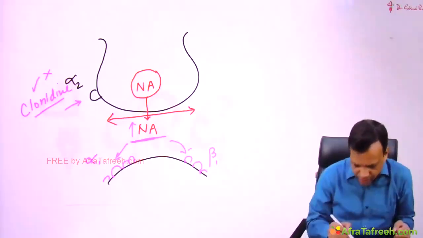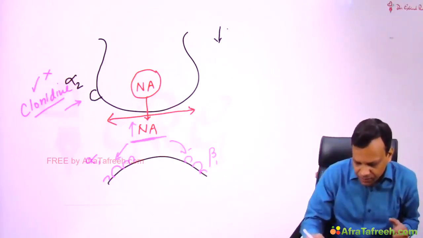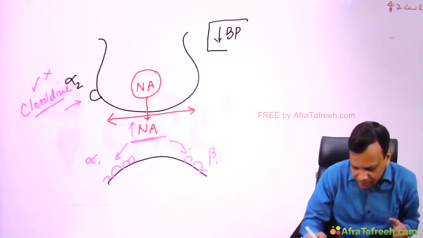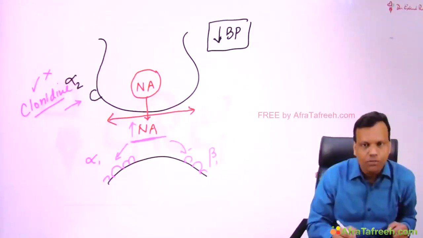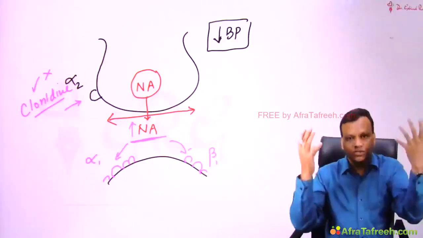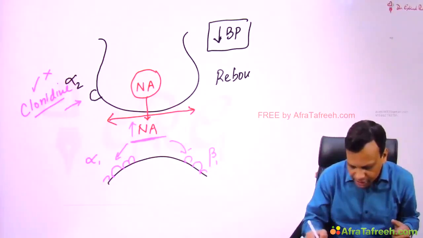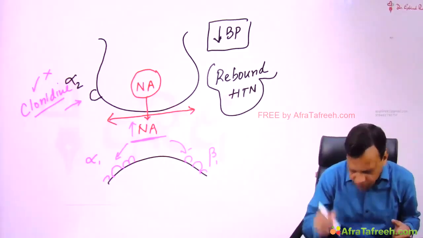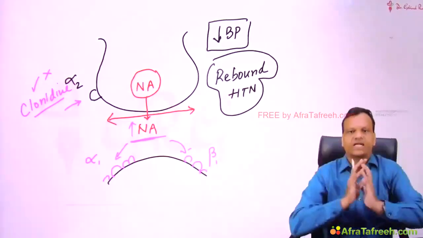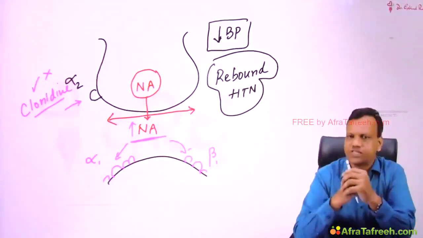We know clonidine acts as a brake to the sympathetic system, so it decreases the blood pressure, used as an antihypertensive drug. But when we suddenly stop clonidine, the BP shoots up, suddenly increases very much, which is called rebound hypertension. This rebound hypertension occurs because of increase in activity of receptors due to constant non-stimulation of these receptors.